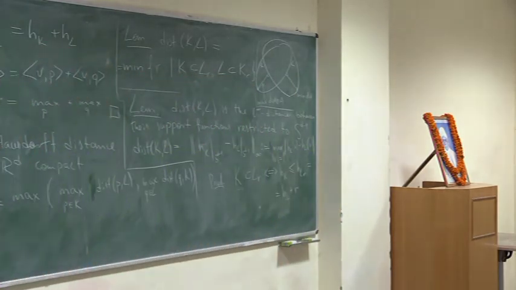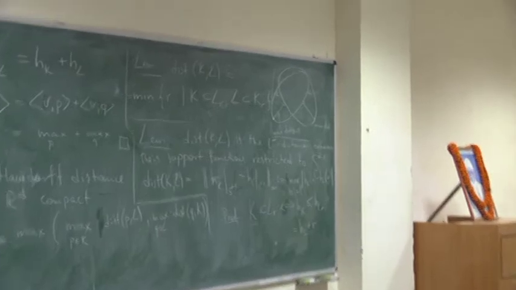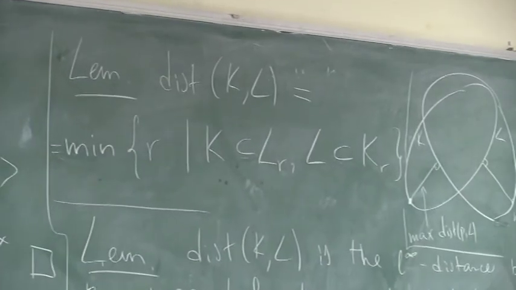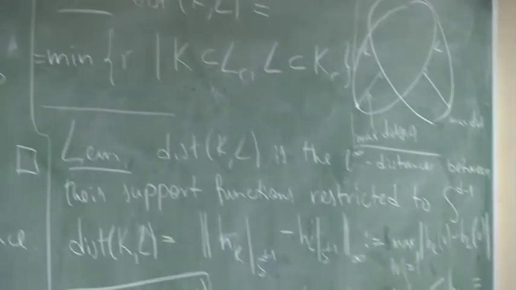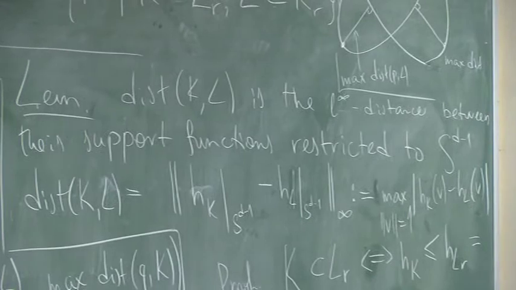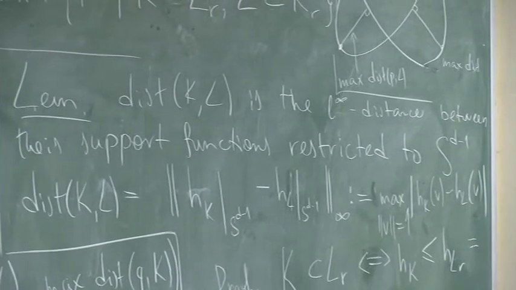Good. So that means if you go to support functions, then all these things become something very natural. So Minkowski sum is the sum of functions, and Hausdorff distance is the L infinity distance between the support functions.